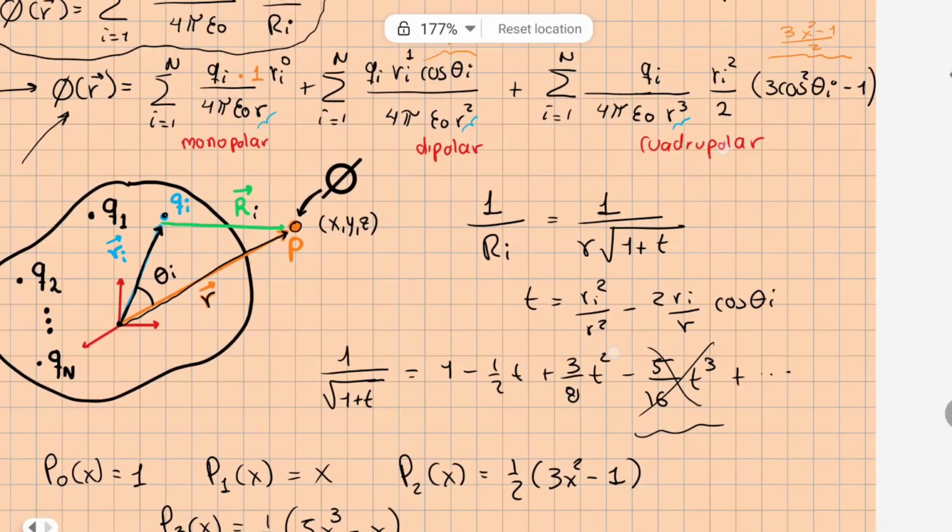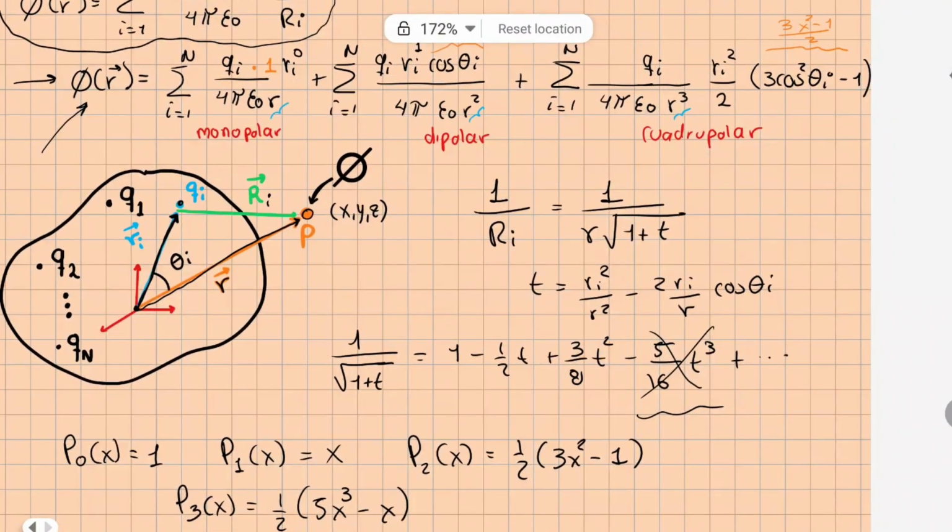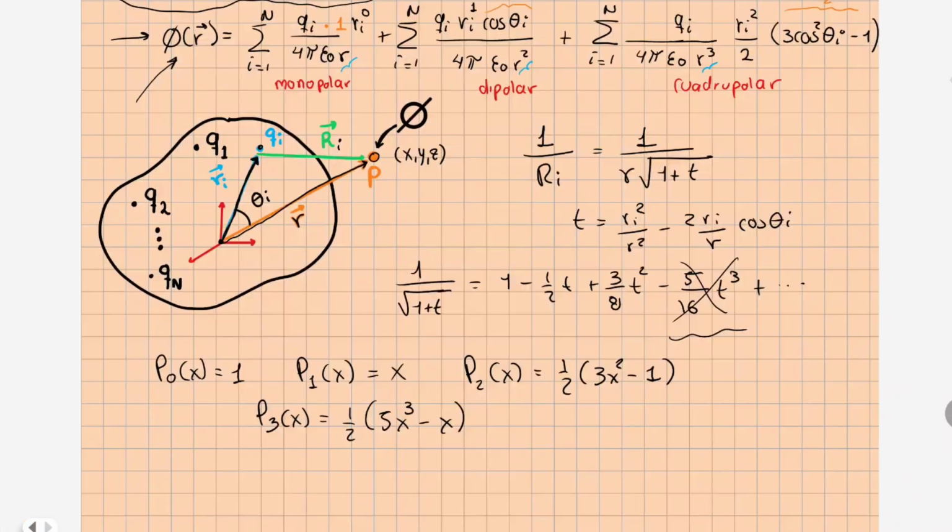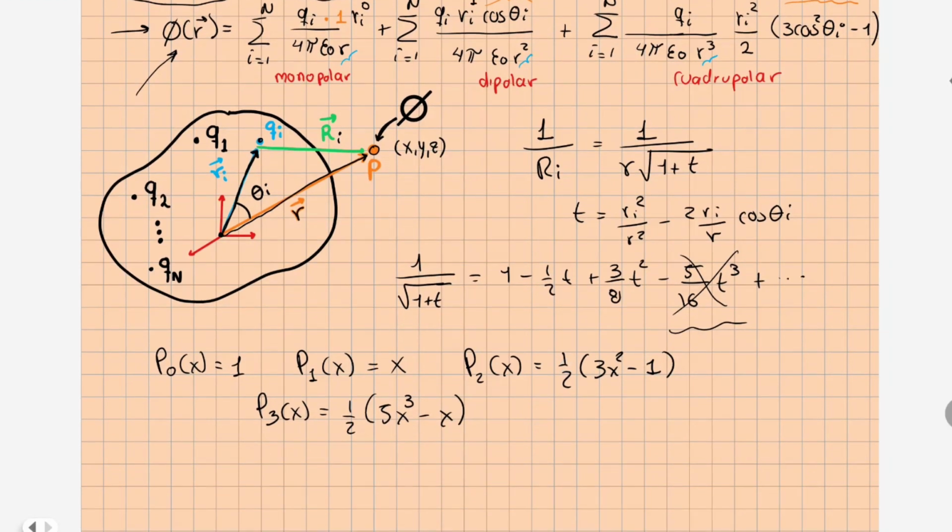Okay, so we can express all those terms that are changing in terms of another sum. What we are going to do first is to write the electric potential as the sum of three terms. We are going to join every term in just one sum.